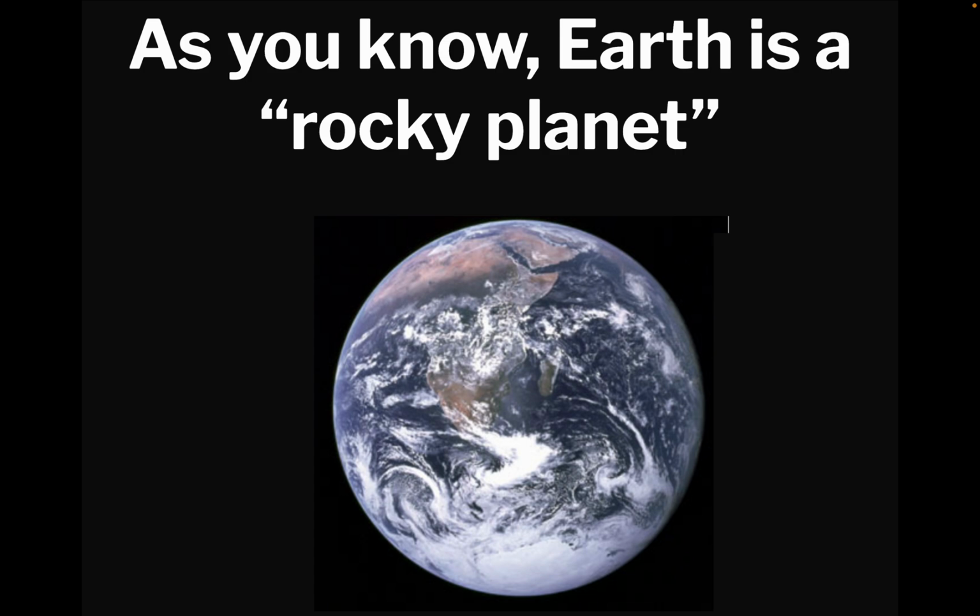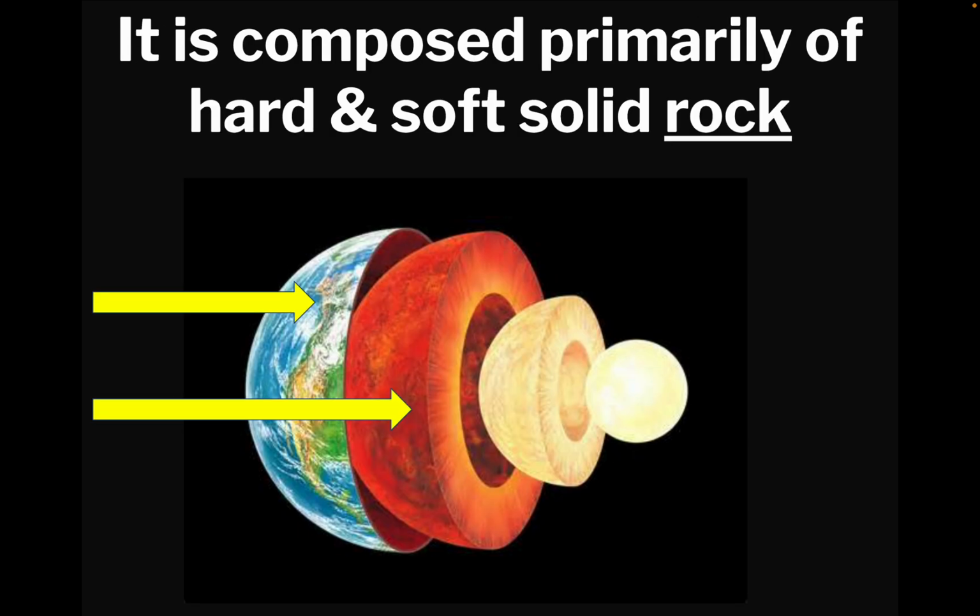All right, so as you know, Earth is categorized as a rocky planet. It's one of the 4 rocky planets. We have Mercury, Venus, Earth, and Mars. They're rocky planets. So what that means is it's composed primarily of hard and soft solid rock.